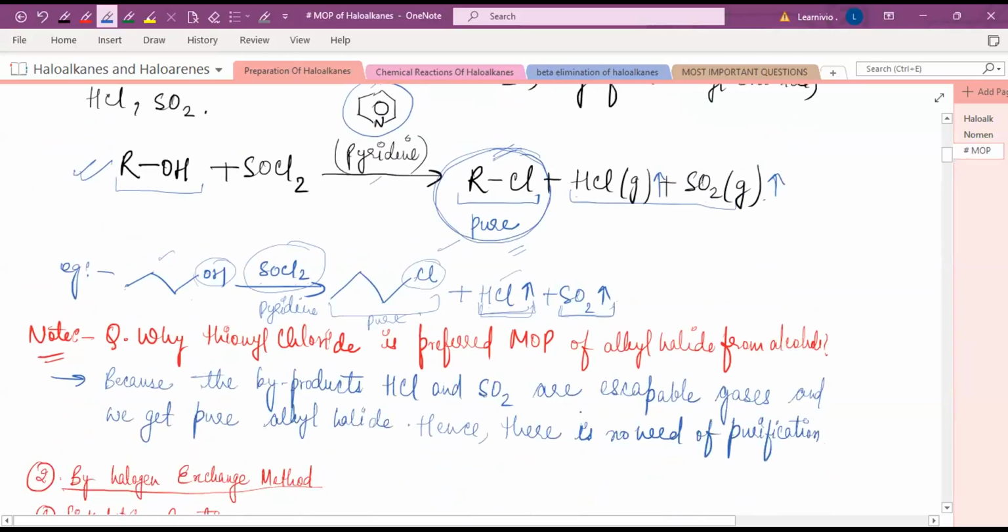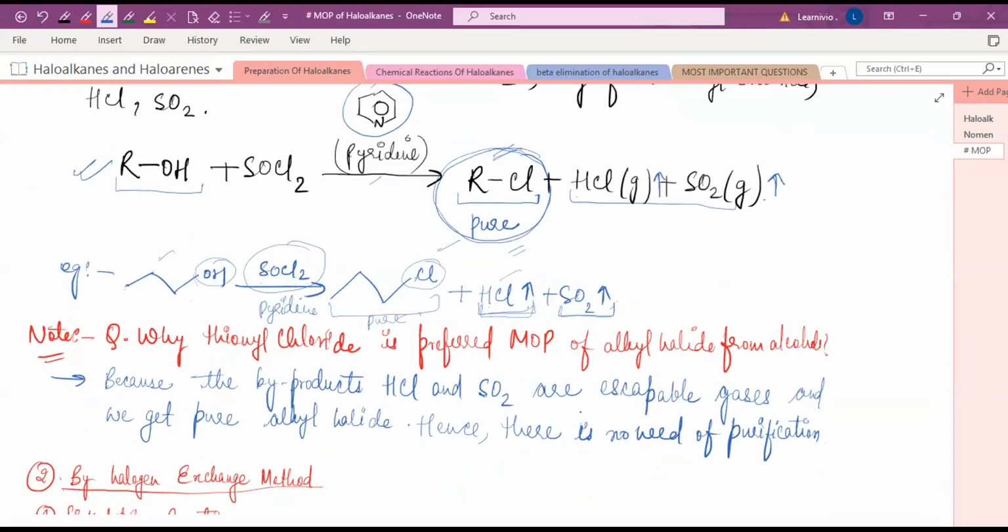Again, here's a question. I just explained to you why thionyl chloride is the preferred method of preparation of alkyl chloride from alcohol. Because the byproducts HCl and SO2 are escapable gases, we just get pure alkyl halide in this case, hence there is no need of purification.